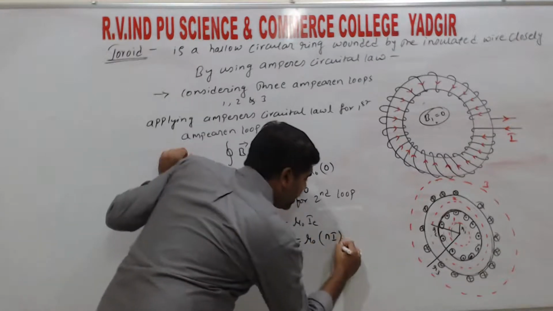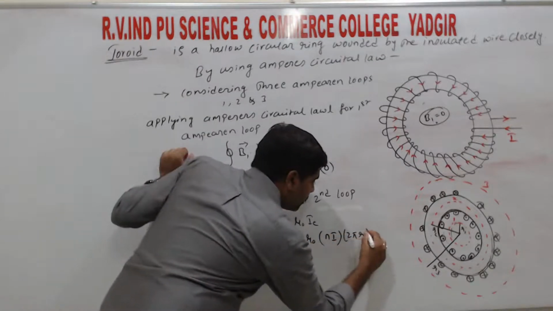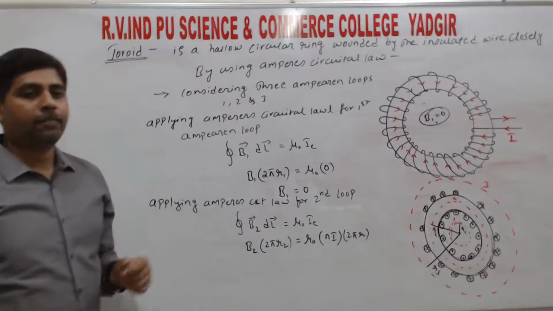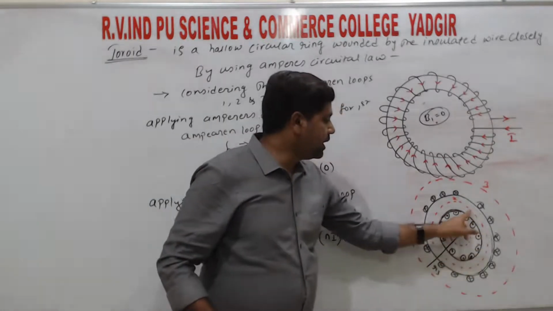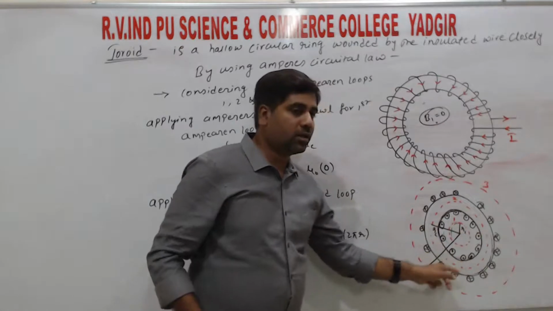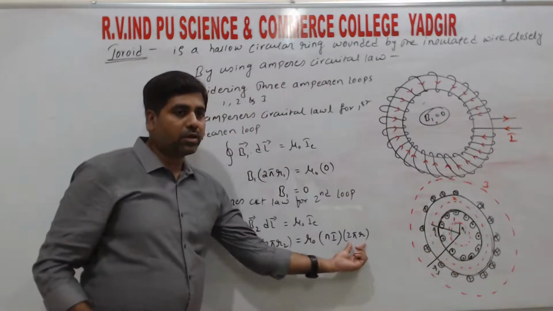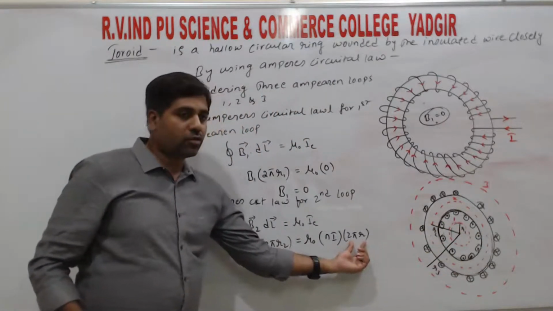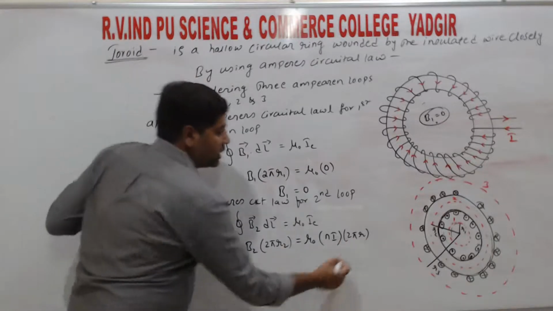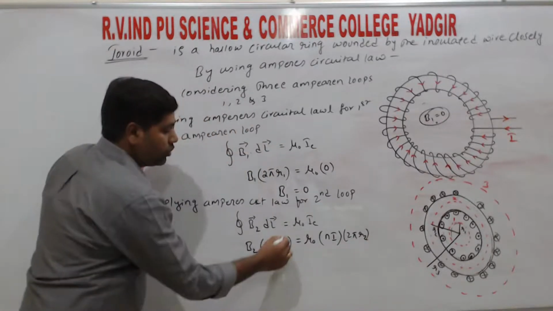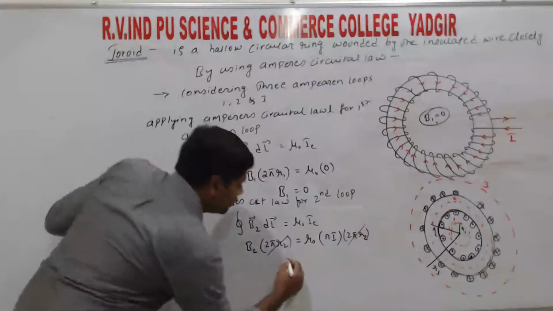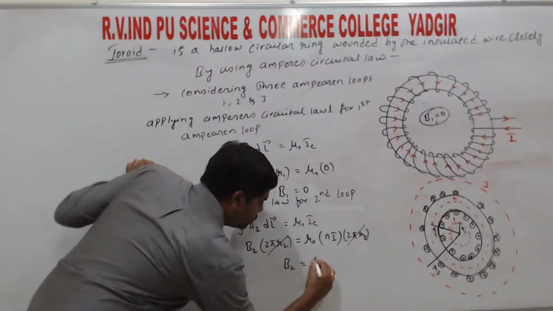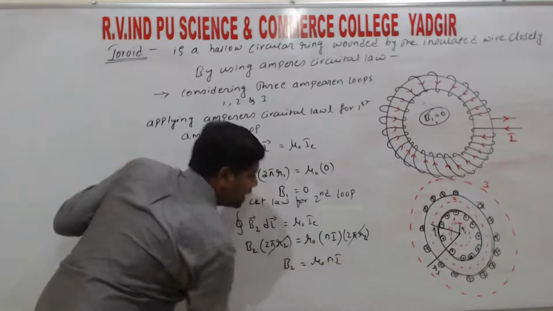So here we have taken the circumference of a circle, 2 pi r, right? Since the current elements are also in a circular path, instead of length, we take the circular path circumference, so that is also r2. So on the RHS and LHS, 2 pi r2 get cancelled. So the magnetic field B2 is equal to mu naught nI.